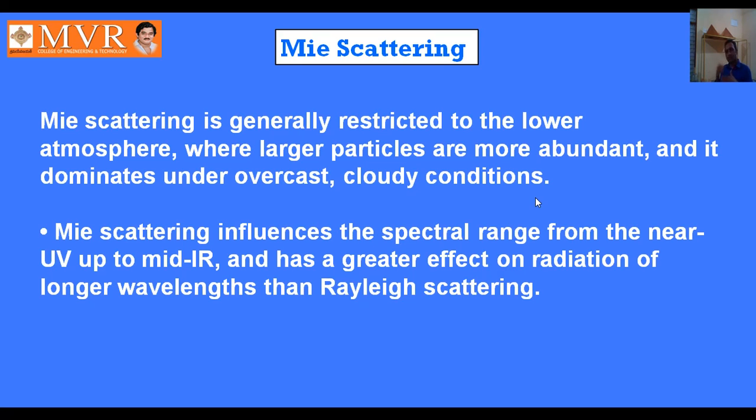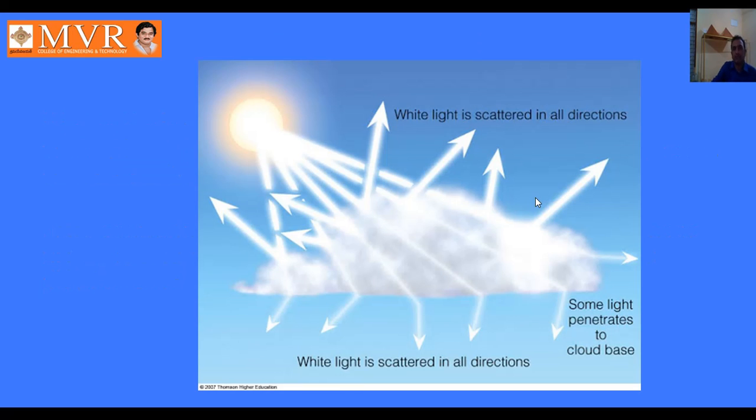Which range of the electromagnetic spectrum does Mie scattering cover? It covers the UV portion through the middle infrared region. In Mie scattering, many particles are present, so white light is scattered in all directions, and some light penetrates the atmosphere.